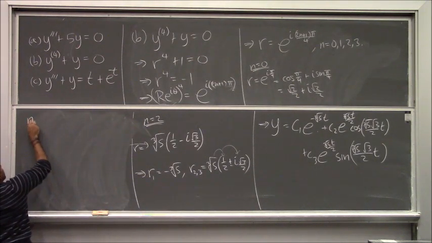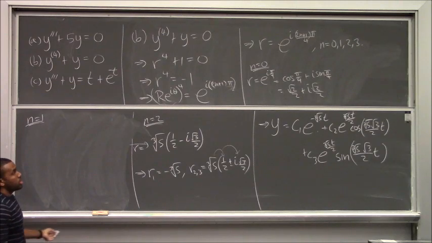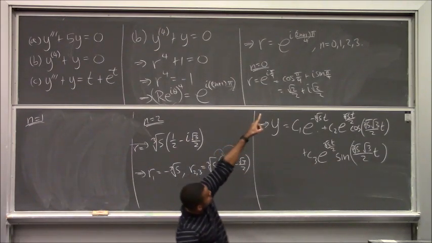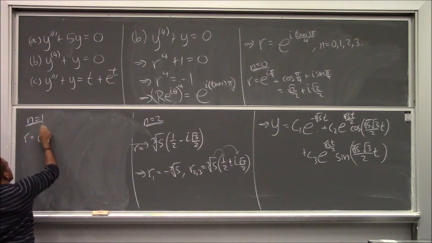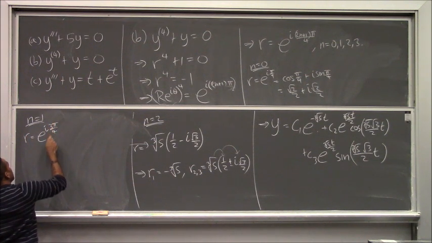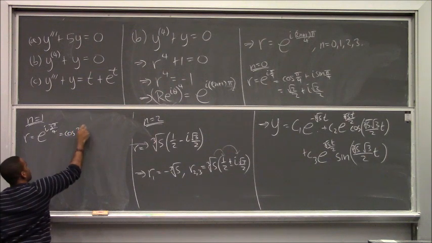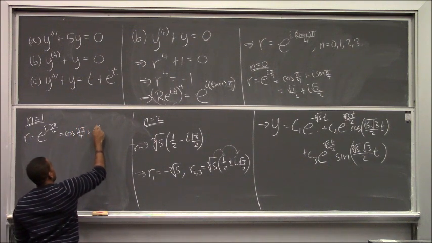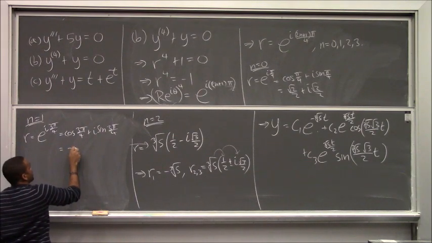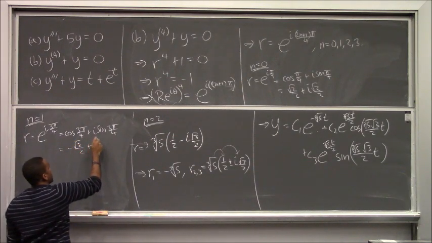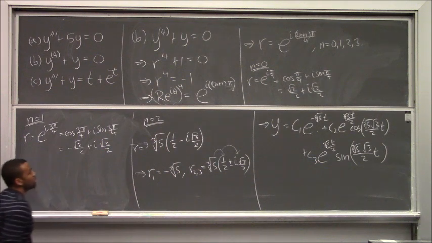And n equals 1: plug in 1 over there, and I get 3 pi over 4. So my r would be e to the i 3 pi over 4, which is cosine of 3 pi over 4 plus i sine of 3 pi over 4. That's going to be minus radical 2 over 2 plus i radical 2 over 2.